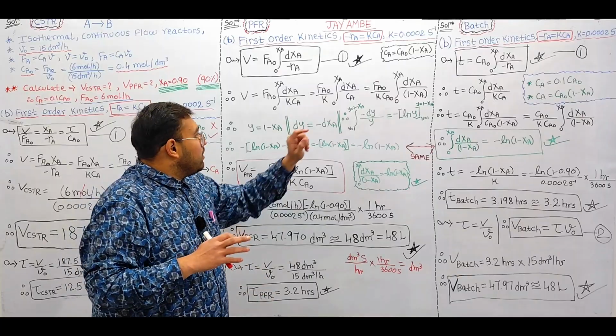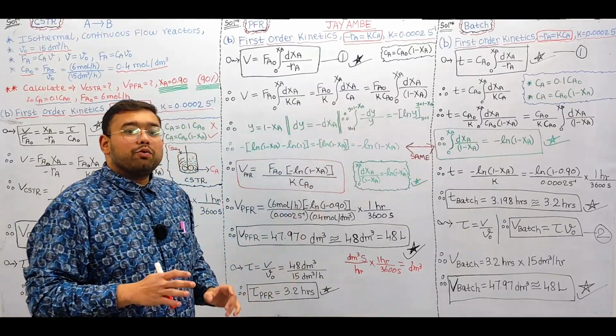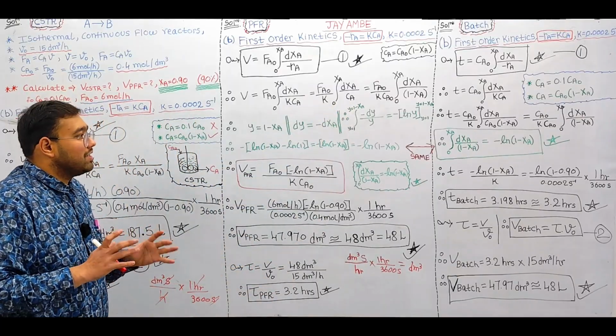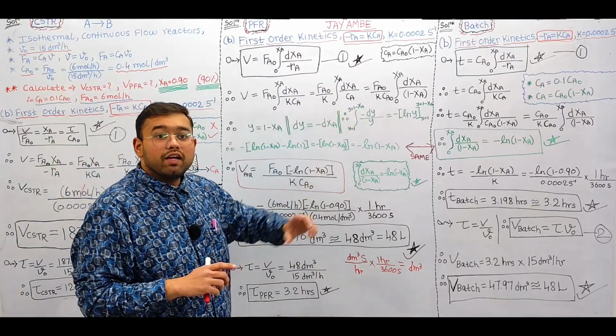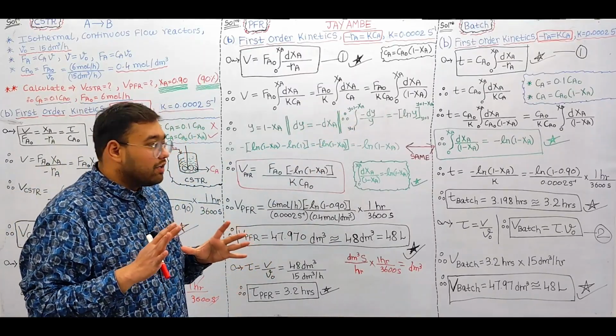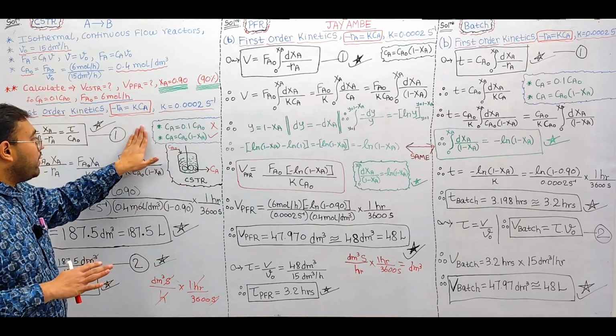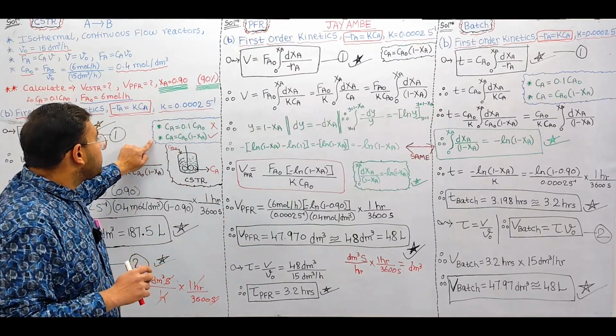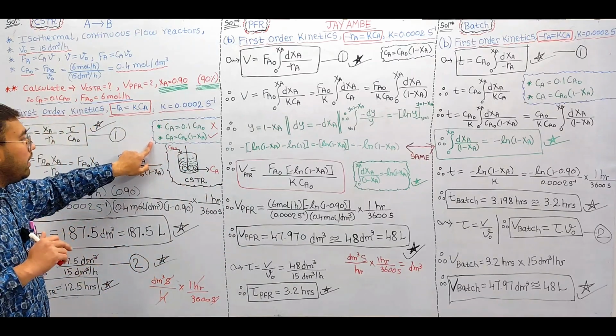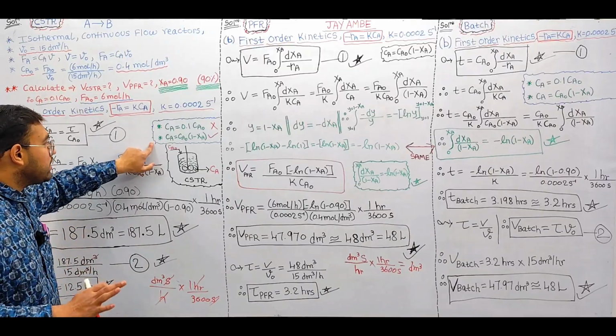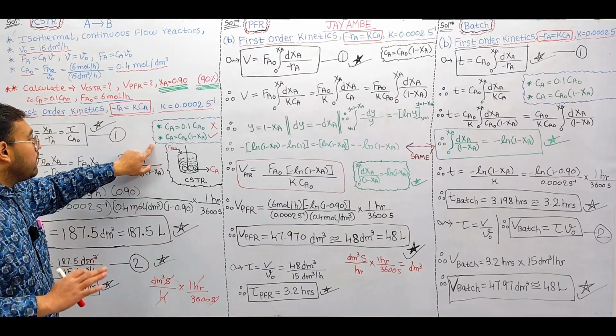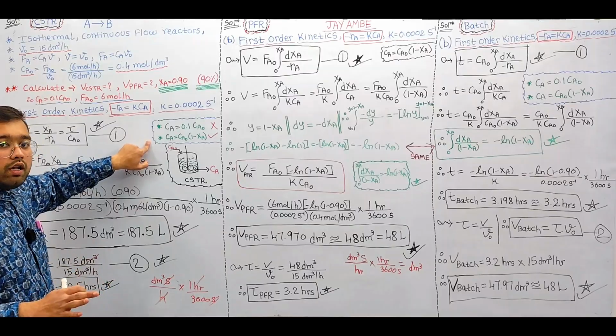Now again, what form of CA do we need to utilize? This is exactly where the students get confused. Similar to what we have understood here, we'll utilize the second form of CA, which is the fundamental relationship and is always correct, defined in terms of conversion.